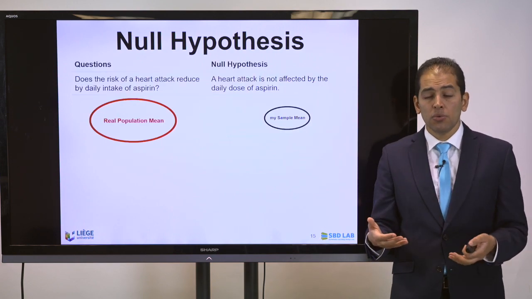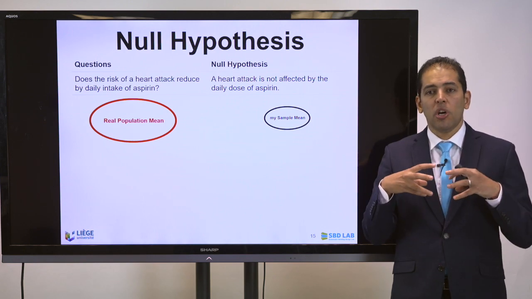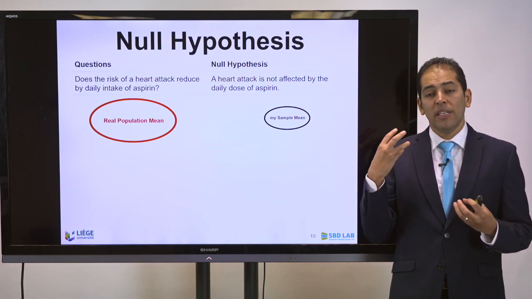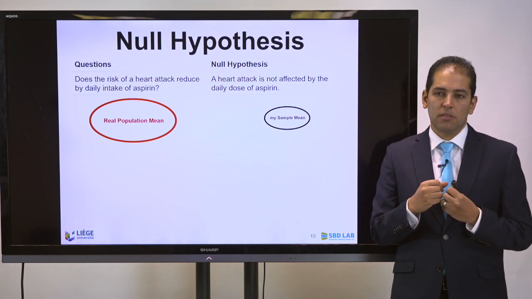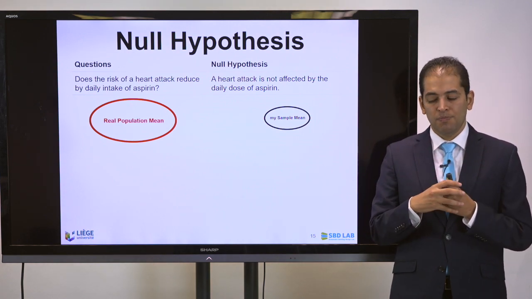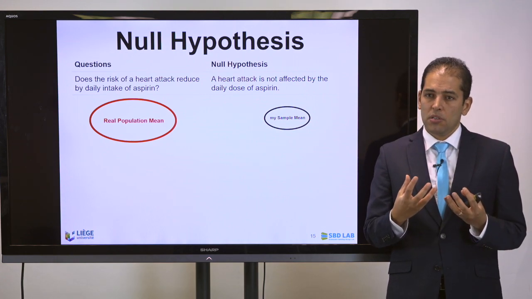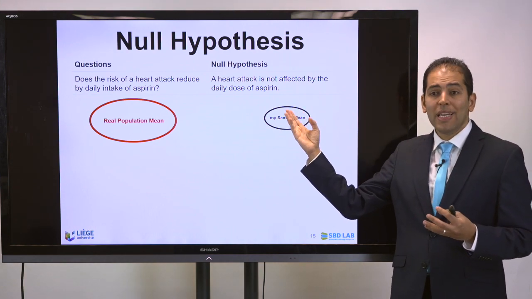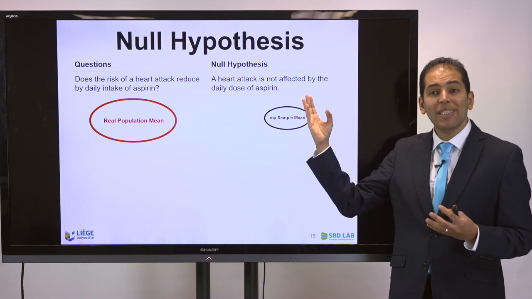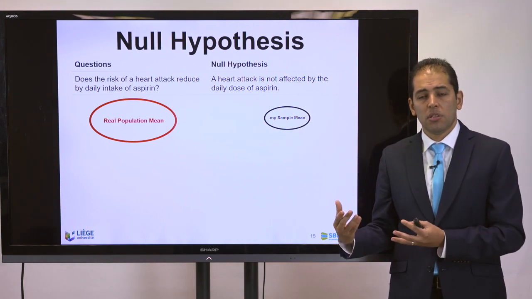Now let's go into concrete examples. I am trying to correlate the intake of aspirin with reducing the risk of heart attacks. This is my research question, but I need to formulate it following the null hypothesis. I say that a heart attack is not affected by the daily dose of aspirin, and I consider this the null hypothesis.